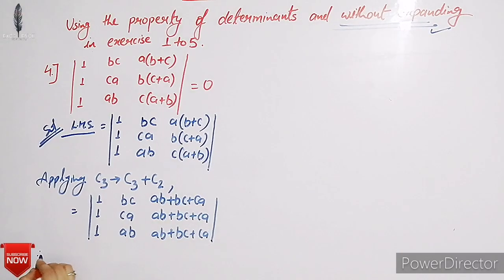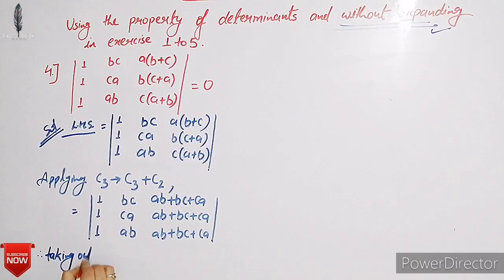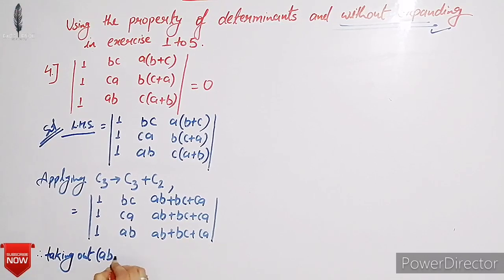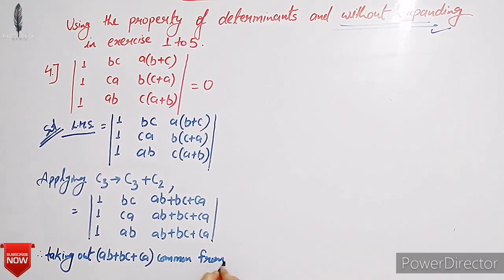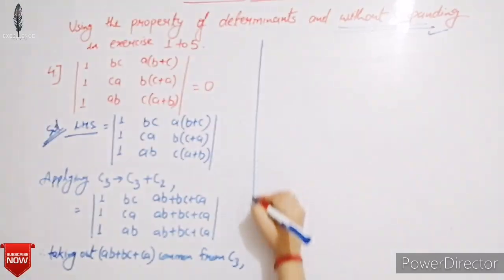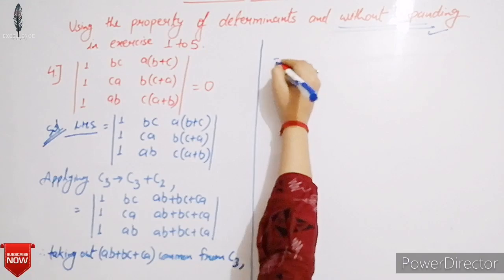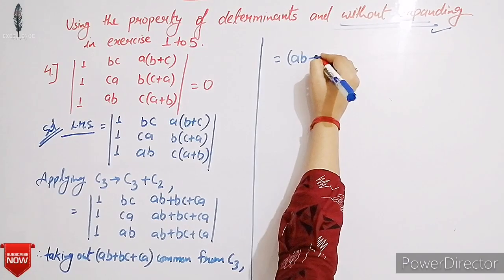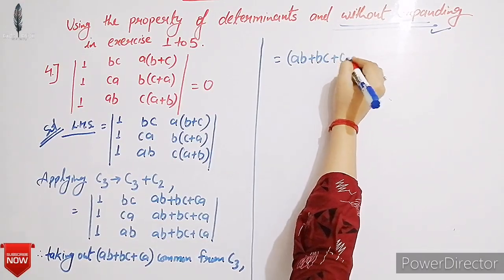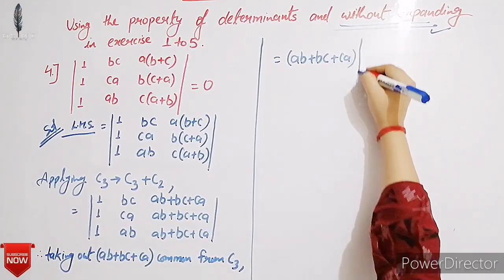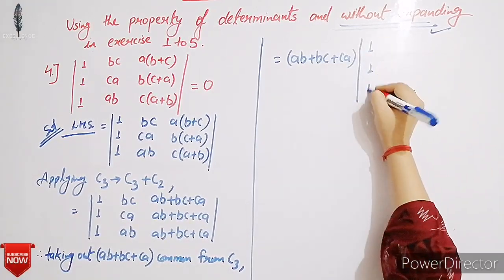Now taking out ab plus bc plus ca common from C3, from the third column we will take this common. Then we have LHS part equal to ab plus bc plus ca, that is common from C3, into 1, 1, 1.